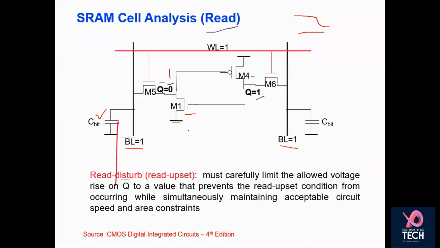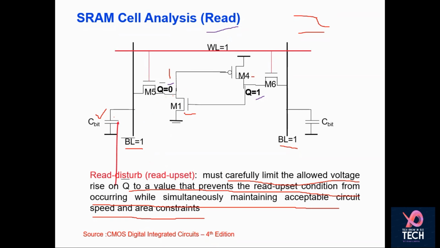Here you can see we must carefully limit the allowed voltage rise on Q bar to a value that prevents the read upset condition from occurring, while simultaneously maintaining acceptable circuit speed and area constraints. Read upset means your read should not disturb the data.